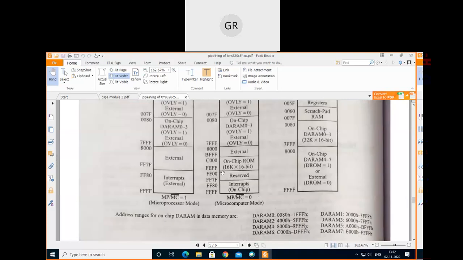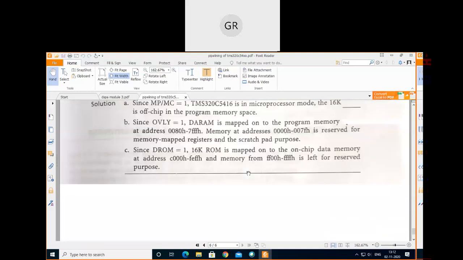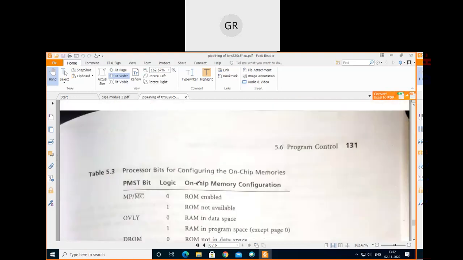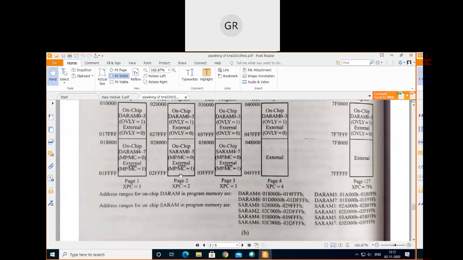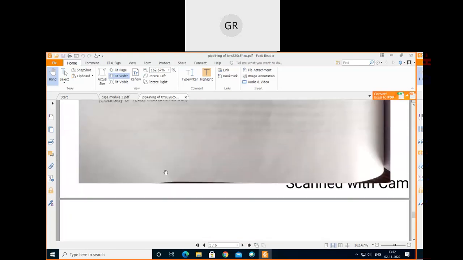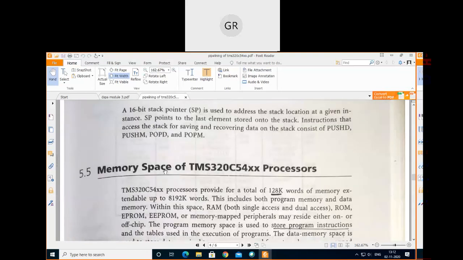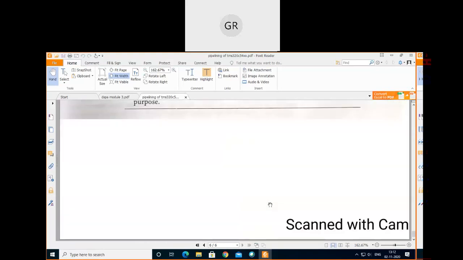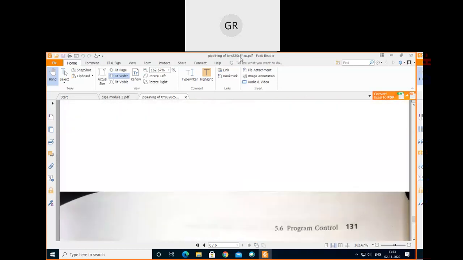So here FF00H to FF7FH is reserved, and the ROM is mapped onto the on-chip data memory at addresses C000H to FEFFH. This is about the memory space of the TMS320C54xx processor. This completes module 3.